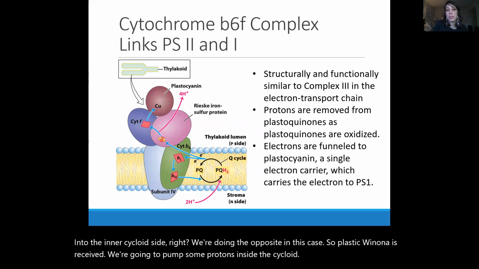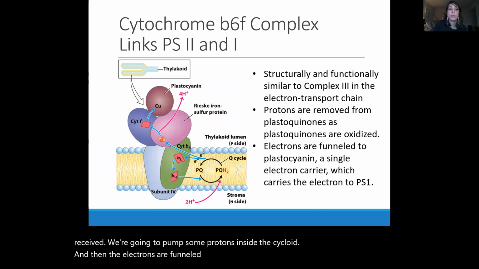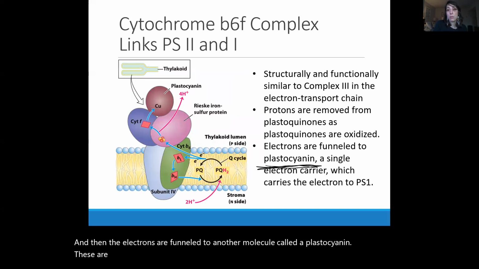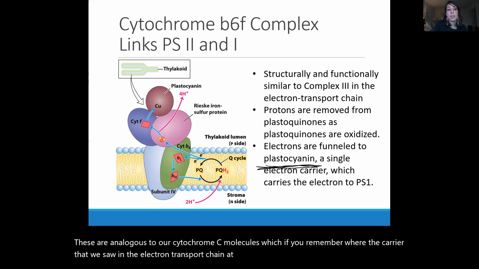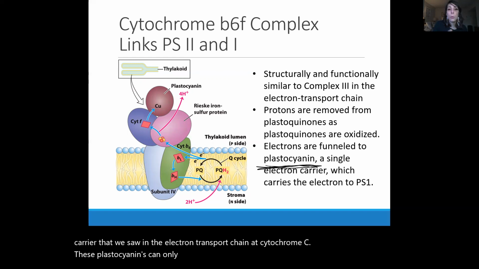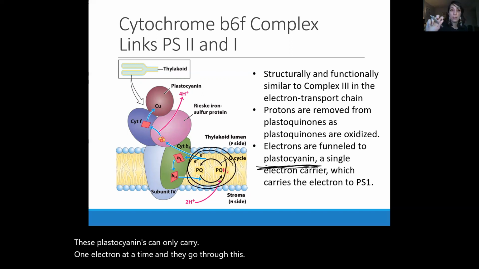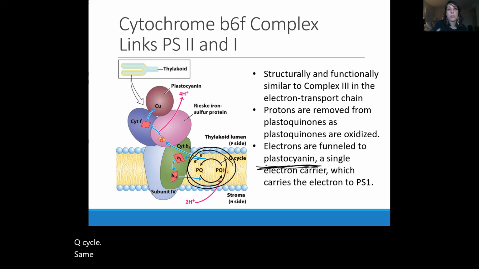And then the electrons are funneled to another molecule called a plastocyanin. These are analogous to our cytochrome C molecules, which, if you remember, were the carrier that we saw in the electron transport chain at cytochrome C. These plastocyanins can only carry 1 electron at a time, and they go through this Q cycle, same as the Q cycle that we saw in the electron transport chain.